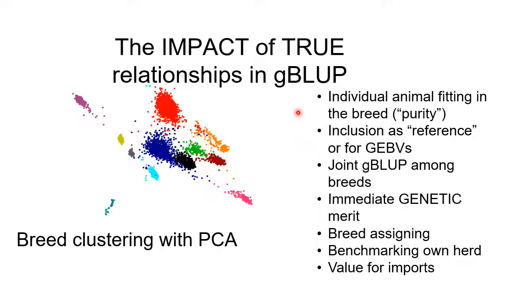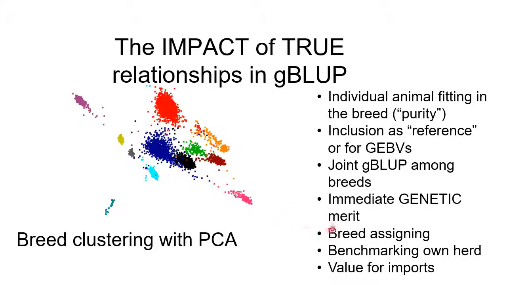And this is currently being utilized globally by some breeder societies in terms of the quantification of so-called breed purity. It also assists in making a decision whether certain lines will be included in so-called reference populations. It's also possible where you have breeds closer related to each other to join them in genomic breeding value predictions.